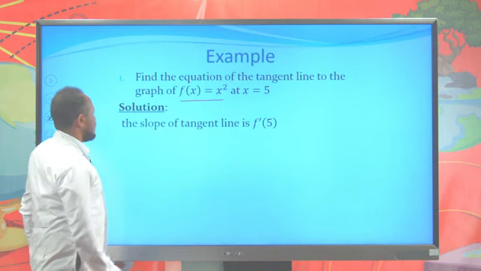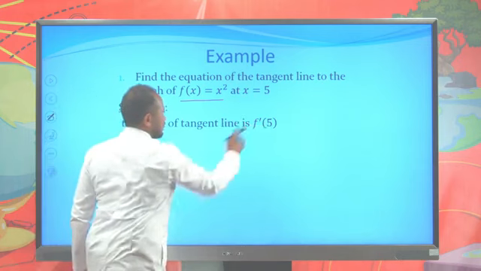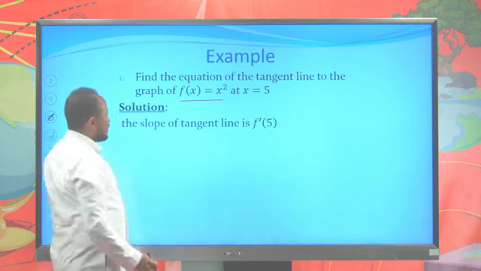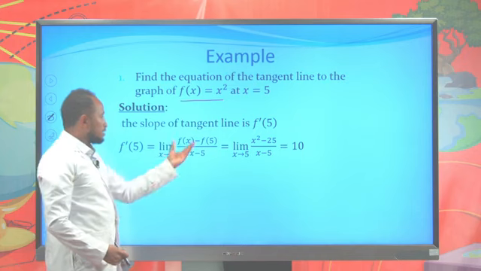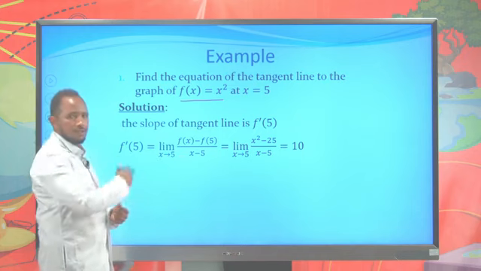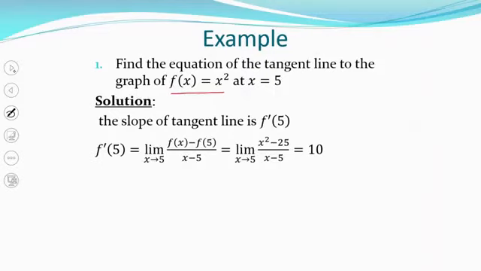So the slope of the line is the derivative of the function at 5, f derivative of 5. To find the derivative, you can use the formula we stated earlier. The derivative of the function at 5 is the limit of f of x minus f of 5 over x minus 5, where x approaches 5.